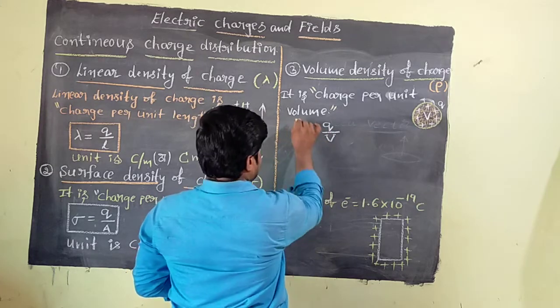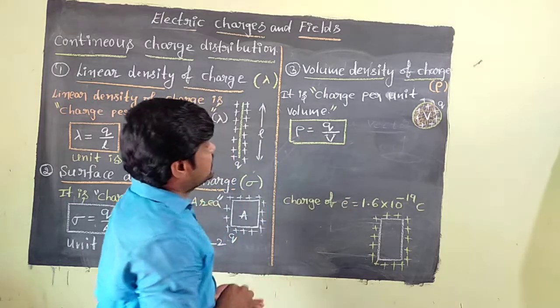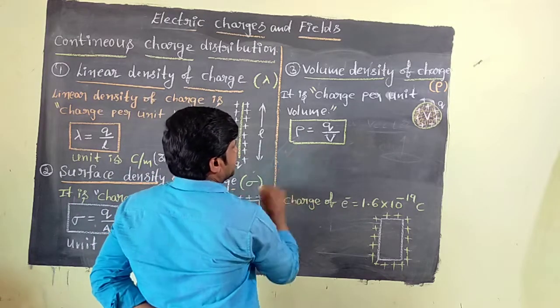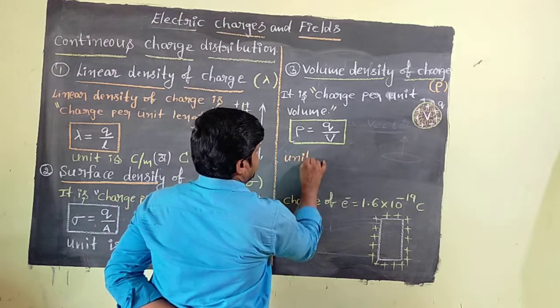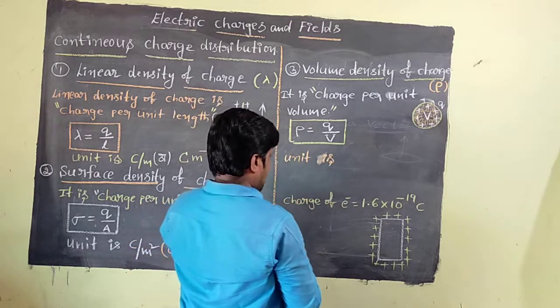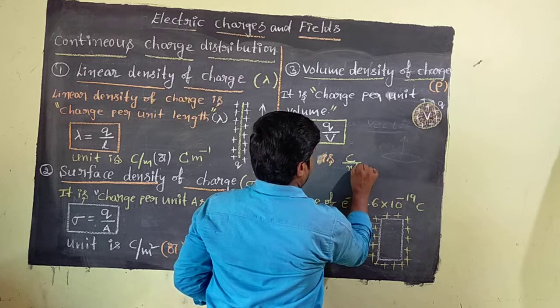Now, what is the SI unit for volume density of charge? The unit for charge is coulomb, and for volume, meter cube.